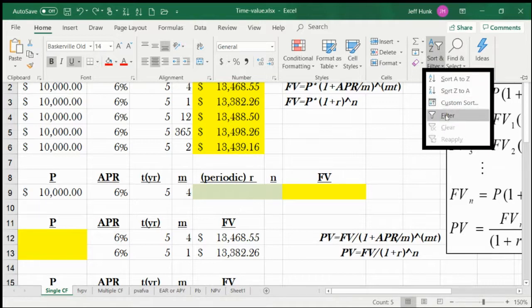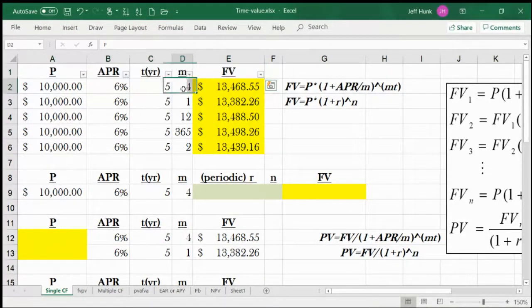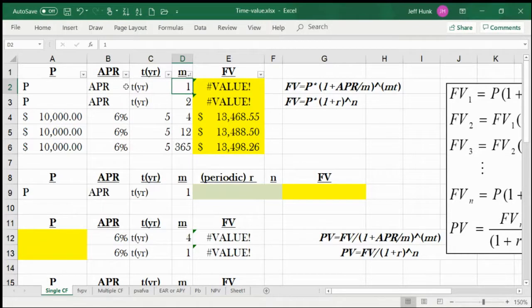Filter. Okay, and then sort by. Oh, I see.